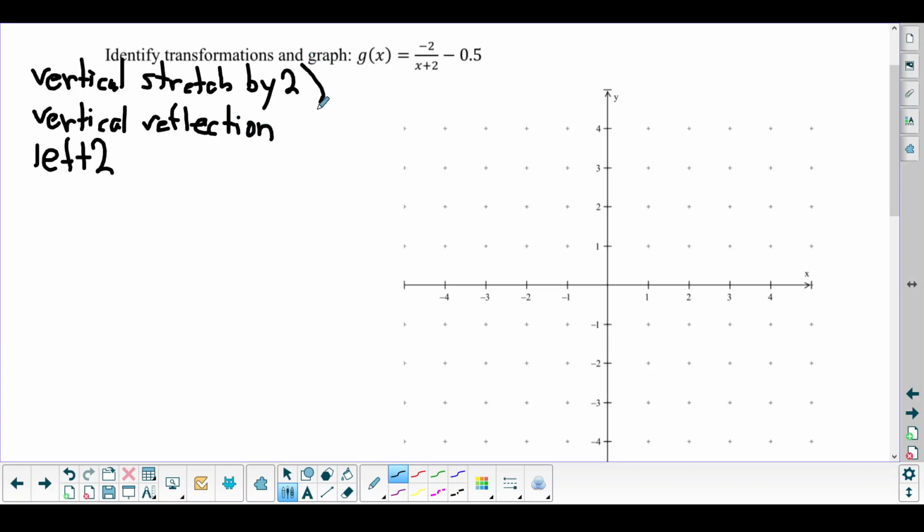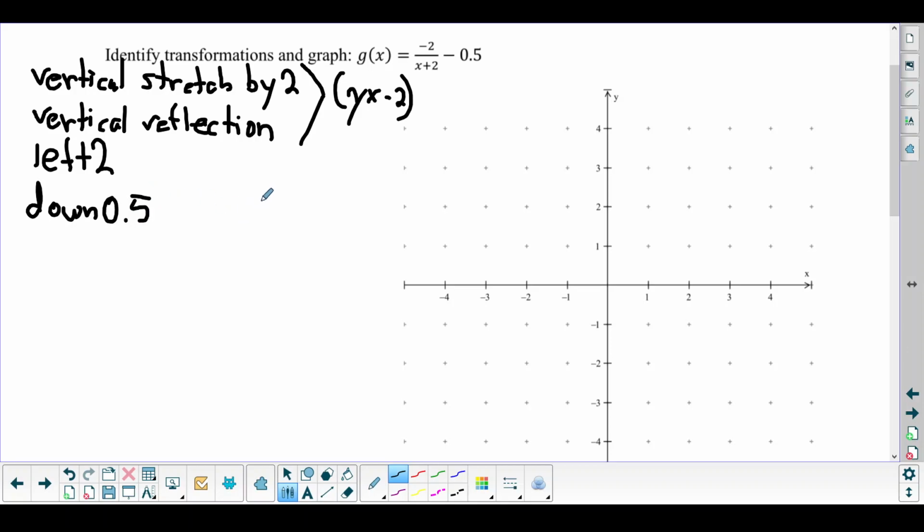And both of these together mean we want to multiply our y's by -2. Okay, and lastly, we have this. It's after the fraction, so it's outside of the function, and it means down 0.5.